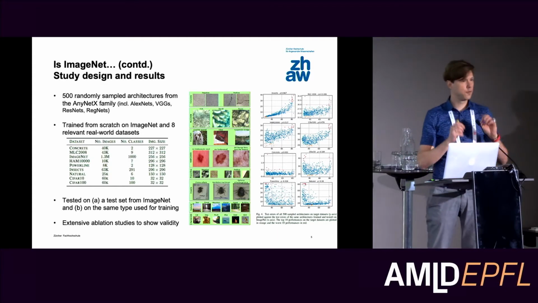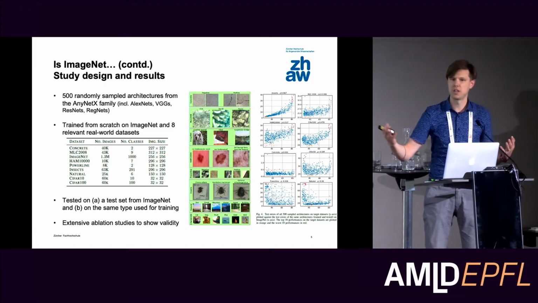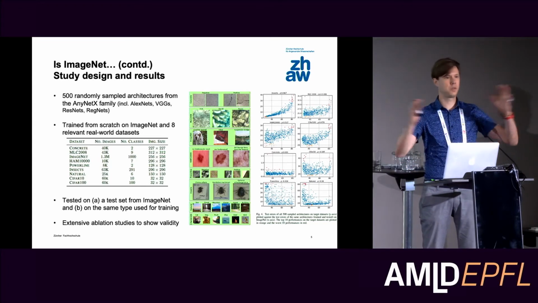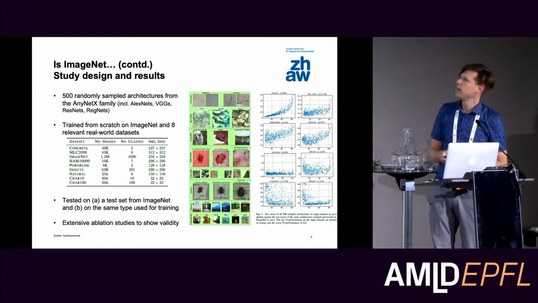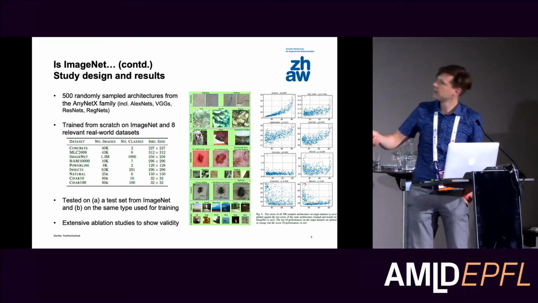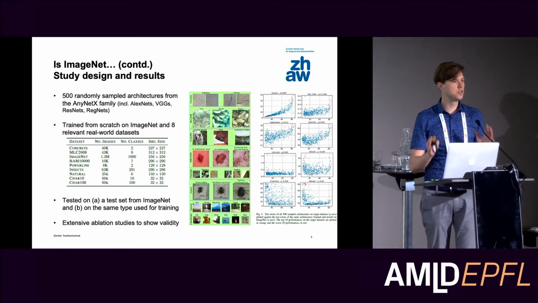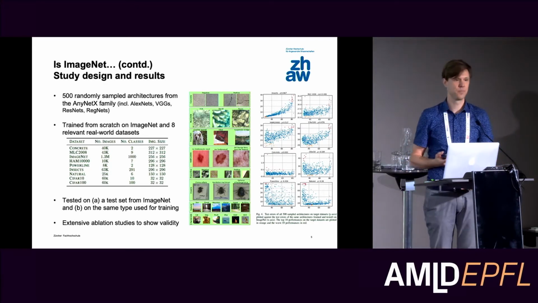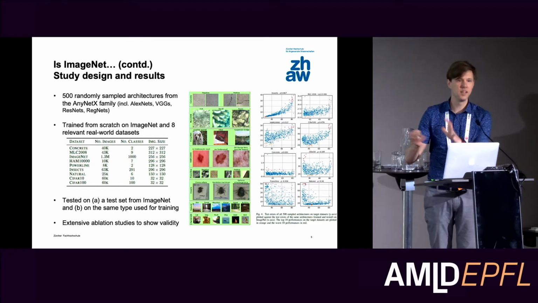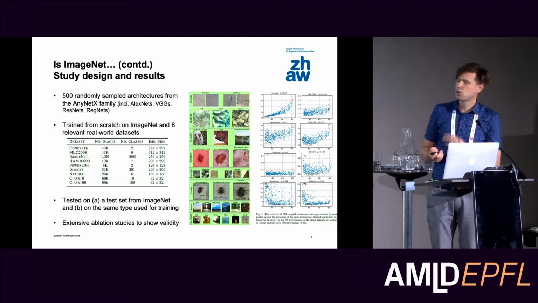And we draw at random 500 such model architectures, different width, depth, heights, and other hyperparameters. And then we did the following. We selected all at least remotely interesting public data sets that have been used for benchmarking and publishing in computer vision that are not ImageNet and have at least some publications on them that are distinct from ImageNet, and tried two different things.